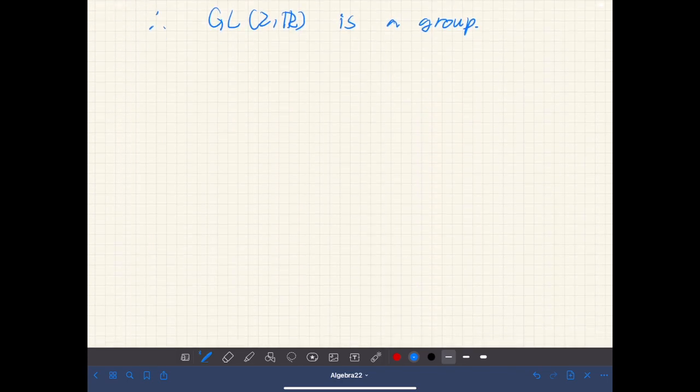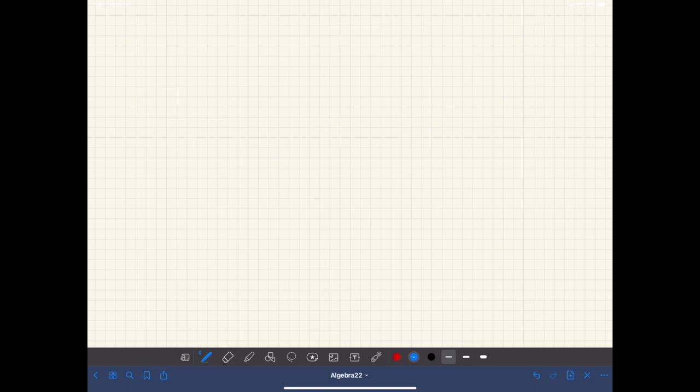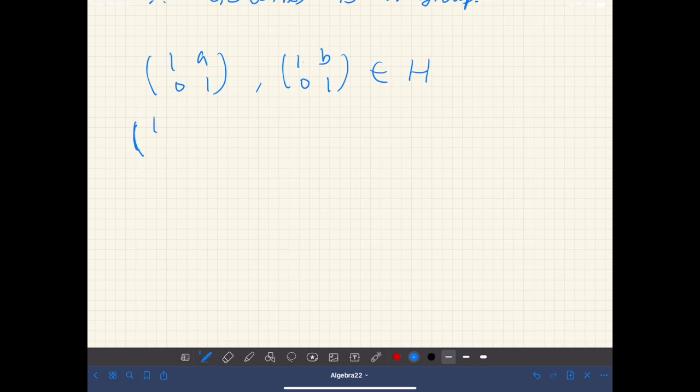Now we check the subgroup criterion. Suppose we have the matrices [1 a; 0 1] and [1 b; 0 1] that belong to H. If we multiply these matrices, we have 1 times 1, that is 1, and the top right entry is a plus b, with 0, 0, 1 below.